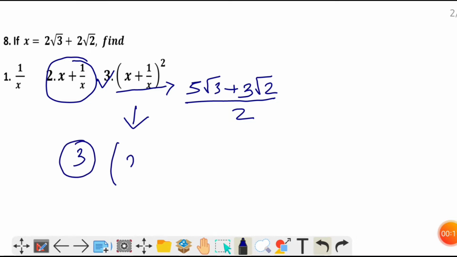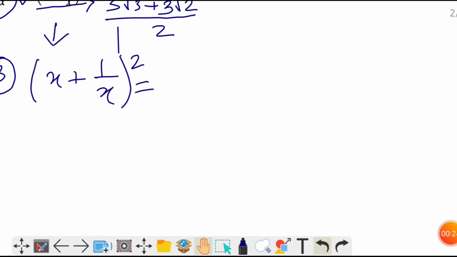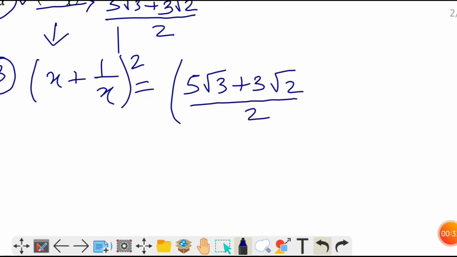So question number 3 is (x + 1/x) whole square. Putting its value, that is (5√3 + 3√2)/2, put the whole square.